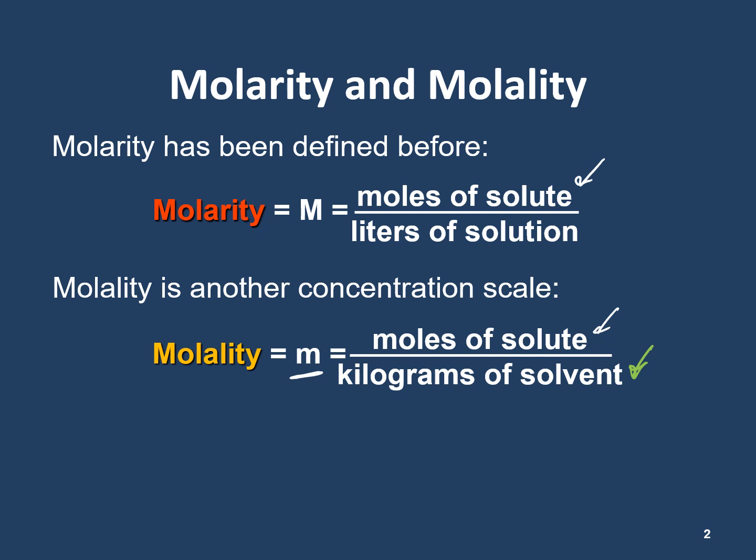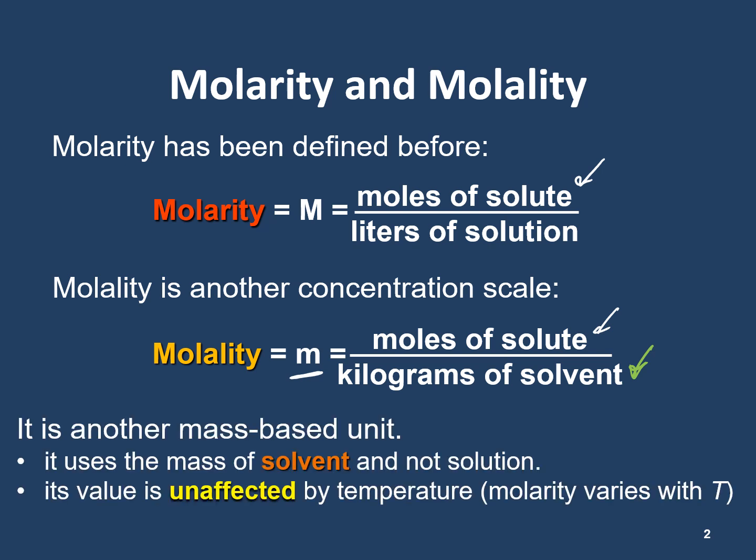Now, normally I'd ask you guys which of these two units you think varies with temperature, because one of them does, one of them doesn't. But the answer is going to be this guy varies with temperature, because density varies with temperature. That means our volume of our solution varies with temperature, which therefore means our molarity varies with temperature.